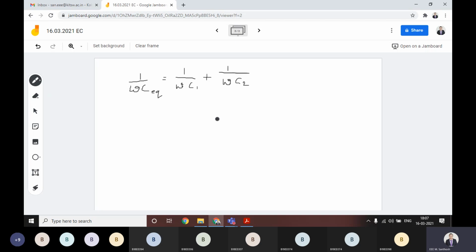Here omega, and this side also omega, you can simply cancel out that omega value. Then directly 1 by C equivalent is equal to 1 by C1 plus 1 by C2.